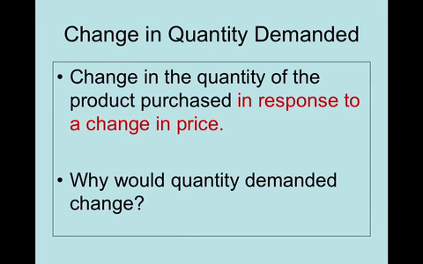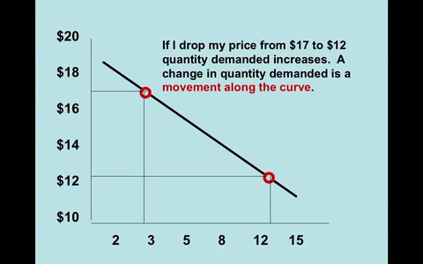Okay, and again, you guys, I put it in red here, but I want you to circle the word price. Whenever you see change in quantity demanded, we are talking about some type of change in the price of the product. Okay, again, quantity demanded is related to the price. So why would quantity demanded change? Again, it's a price question.